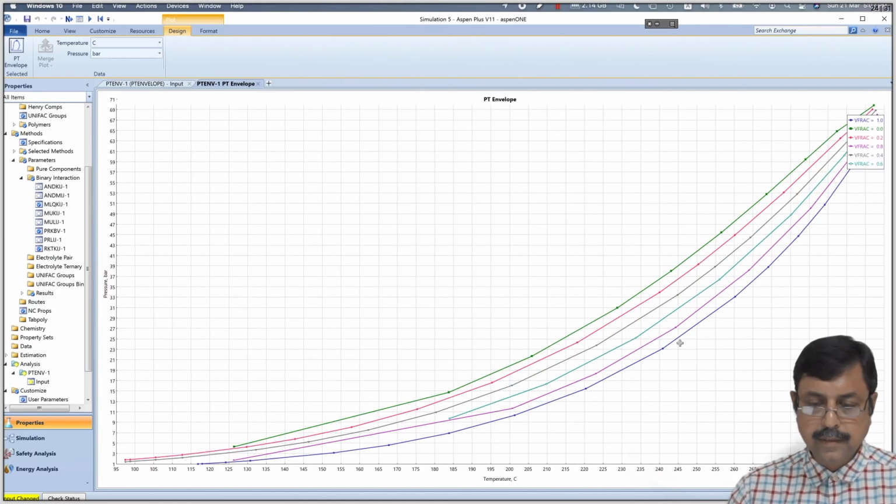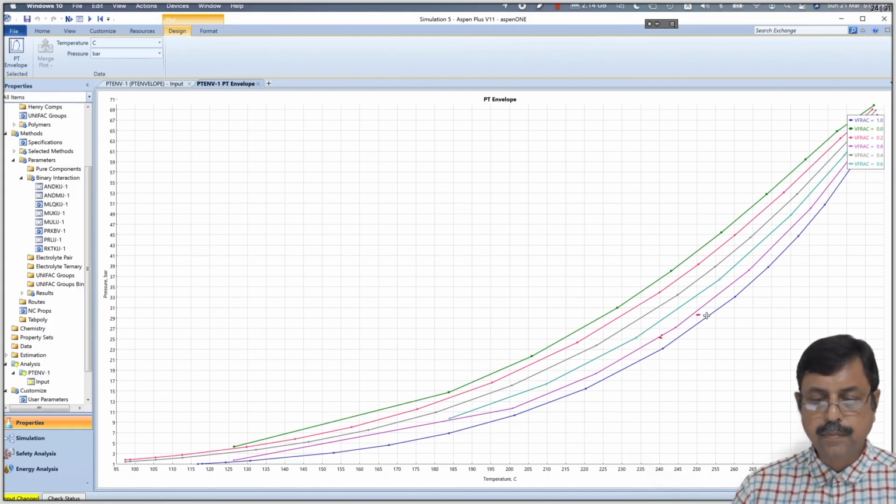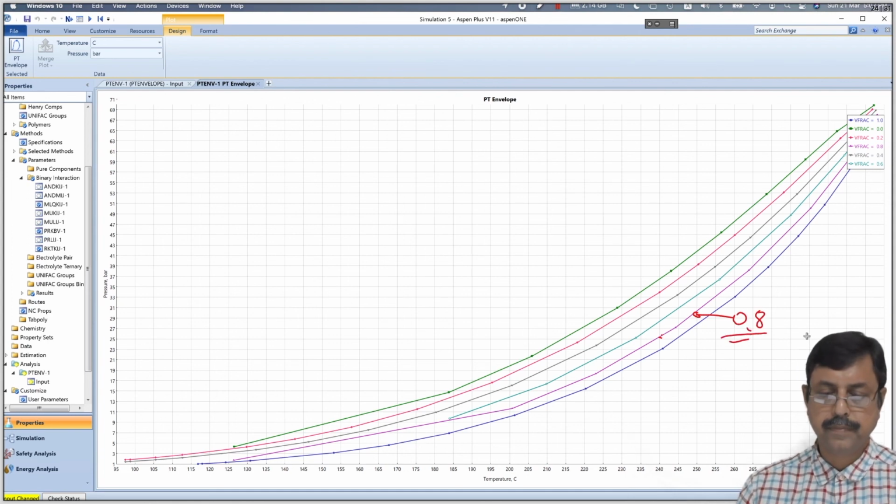Okay. And as it is coming at the completely vapor region, we are not getting anything in the liquid. Now let us change the temperature from 245 degrees centigrade to 240 degrees centigrade. And let us check what happens. Mind that this is near the 0.8 vapor fraction curve.